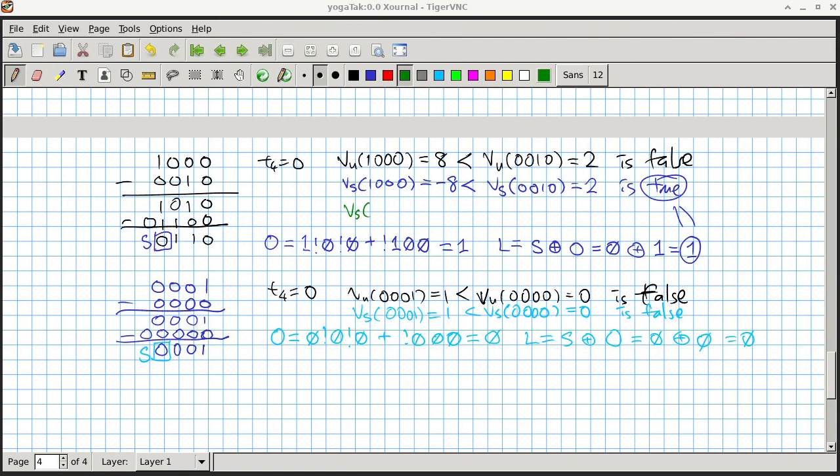Because Vs of the difference, which is 0, 1, 1, 0 in this case, is really just 6. So we're basically asking, we have -8 minus 2, but we end up with +6. That doesn't make sense. I don't even care about the quantity, just the sign itself does not make sense. So that's why the overflow is a 1 in this case.